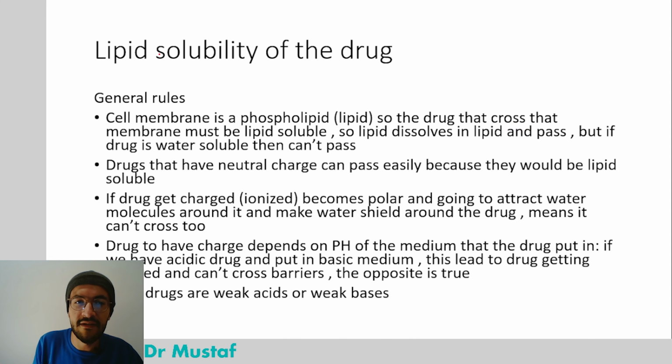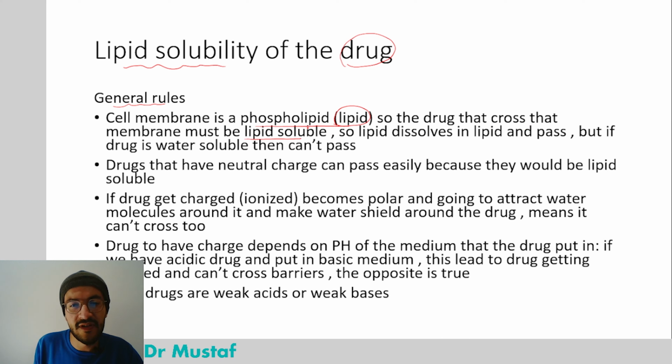So now let's talk about the lipid solubility of the drug, which is considered one of the factors related to the drug that affect drug absorption. To understand the lipid solubility of the drug, we have general rules. First, the cell membrane is a phospholipid, so the cell membrane is a lipid, and a drug that crosses the membrane must be lipid soluble.